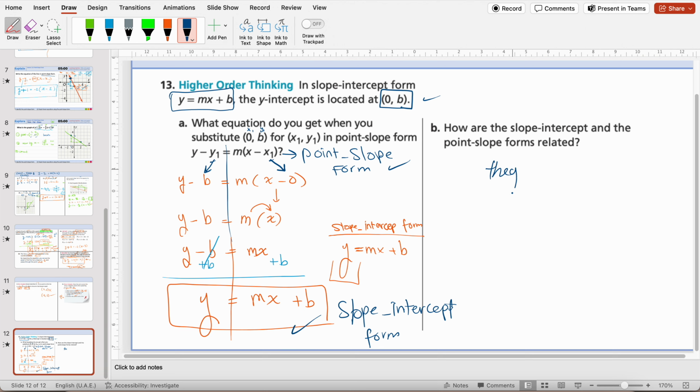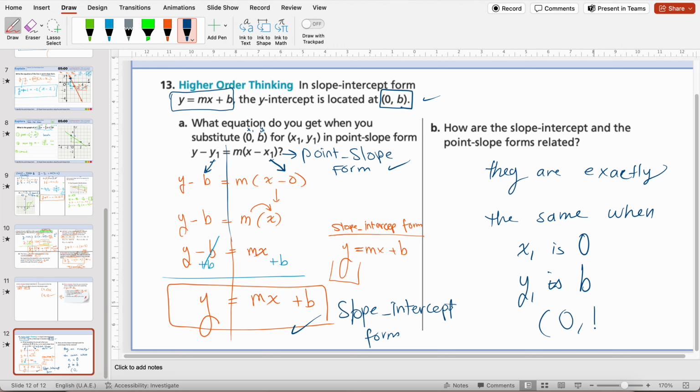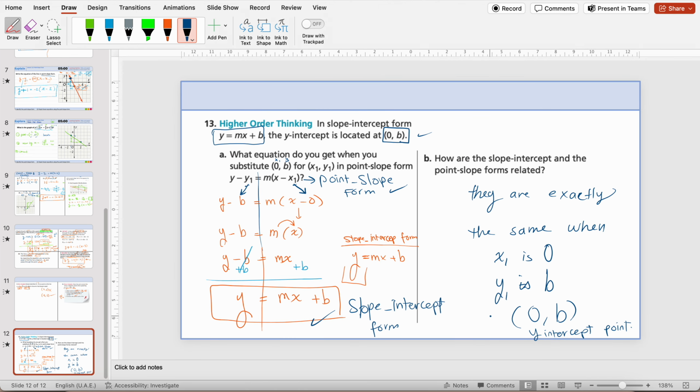They are exactly the same when what? When are they exactly the same? When x1 is 0, y1 is b, which is 0b, the y-intercept point. So basically you get the exact same equation.